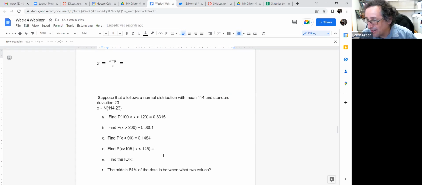Okay, the next one. Find the probability that X is greater than 105, given X is less than 125. So if I want to do that, I need to use chapter 3. Because chapter 3 is when we learned about given. Remember that?